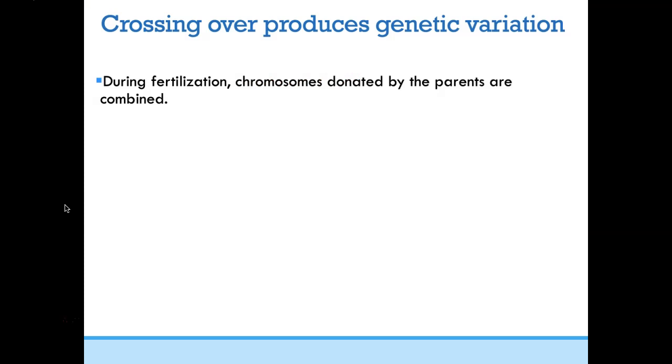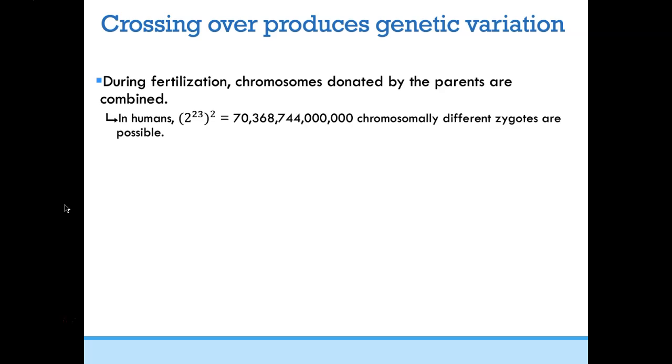So during fertilization, we have chromosomes donated by 2 different parents. If we take 2 different parents into account, that gives us 70 trillion chromosomally different zygotes possible. We said each individual human could produce about 8 million different gametes.